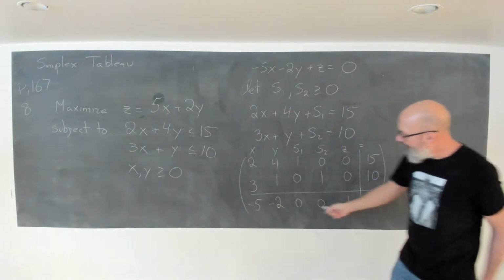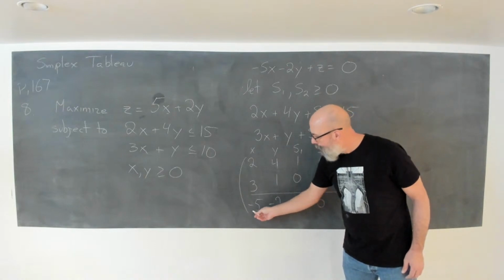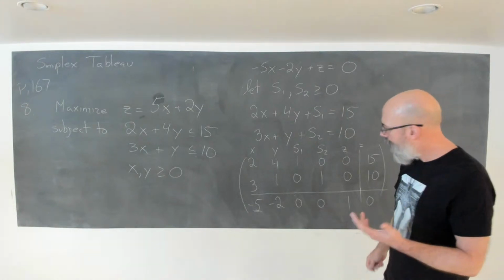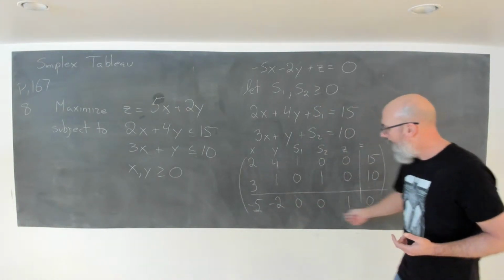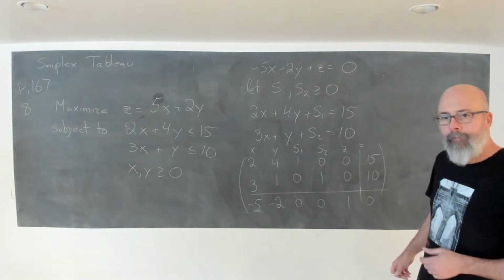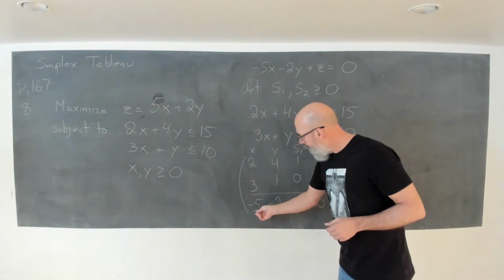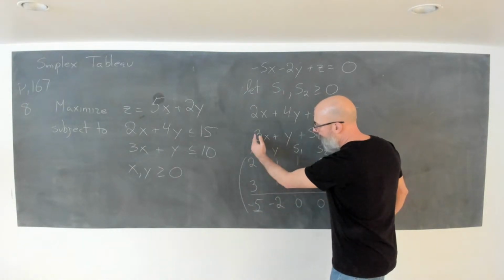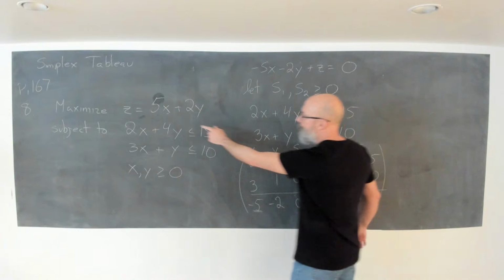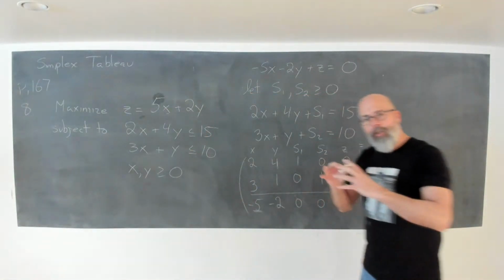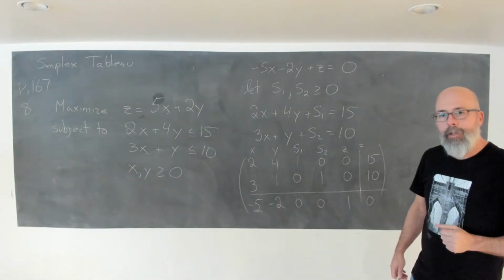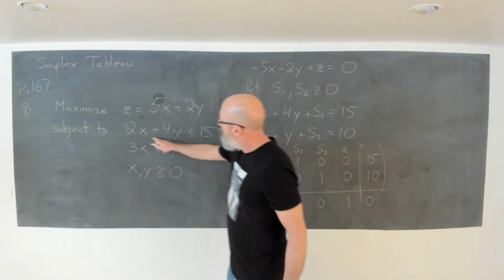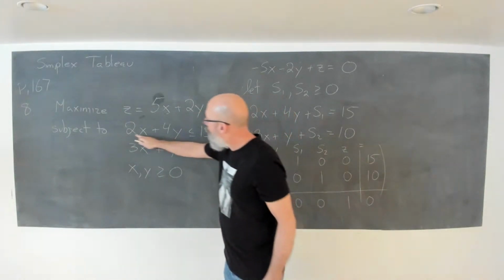In the simplex tableau, this corresponds to the most negative entry in the last row. So if we focus in on the most negative entry in the last row, our pivot is going to live in this column, right? We're focusing on the x. So we're going to try to maximize the x's that we get. But now look at this. Look at your equations. How large can x be?